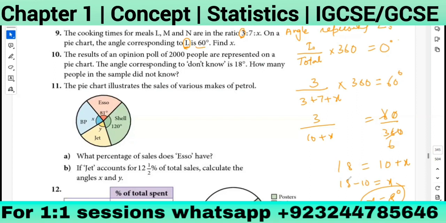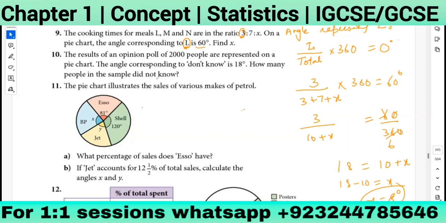Miss, I have a question: when do we write 360 in the denominator, and when does the total come in the denominator? Till now, what we have done, we have never written 360 in the denominator.